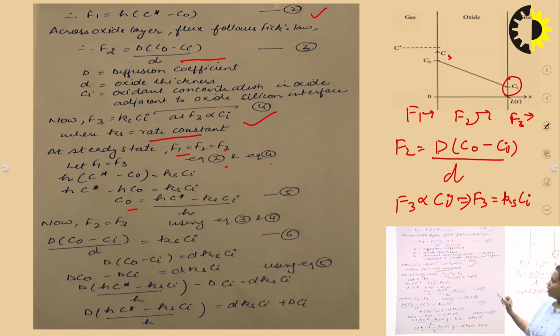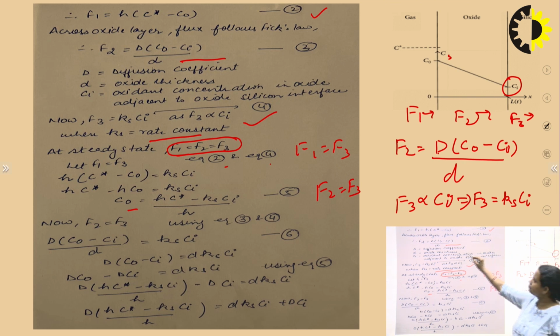Now, since we are using the steady state F1 is equal to F2 is equal to F3, initially we used F1 is equal to F3. Now we will be using F2 is equal to F3, right? F2 is represented by equation 3 and F3 is equation number 4.